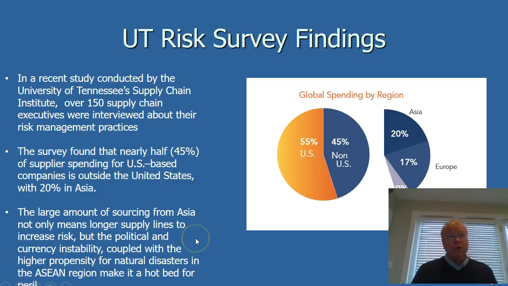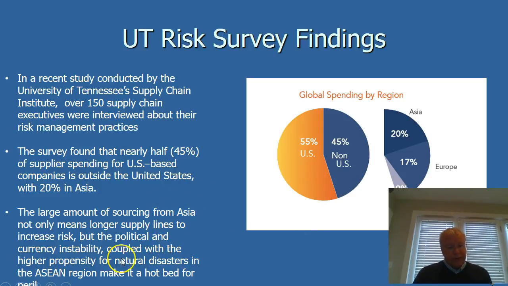You also have political and currency instability, which we know is very true with the Chinese RMB, with the rupee, with the yuan. There's a lot of currency instability because nothing's pegged anymore. So it's floating, and those instabilities, going up and down and staying within established ranges, make companies, or even countries, more or less competitive in the marketplace.